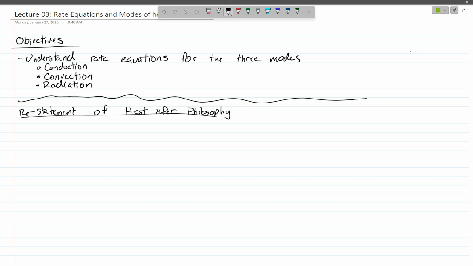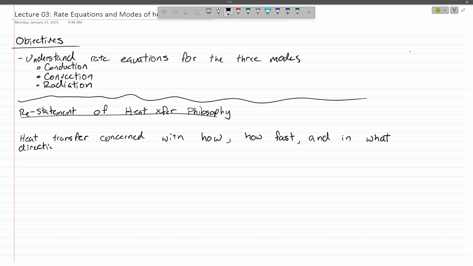That is, heat transfer is concerned with how fast, and in what direction, thermal energy moves between regions of different temperatures.